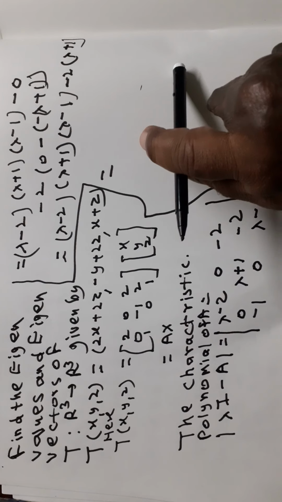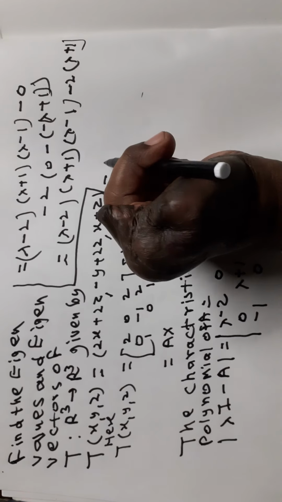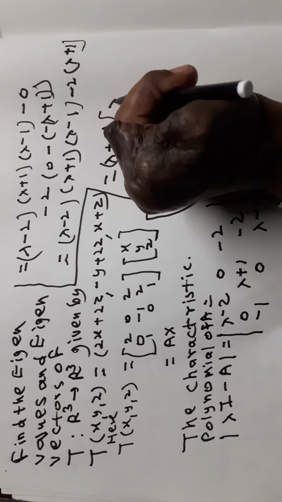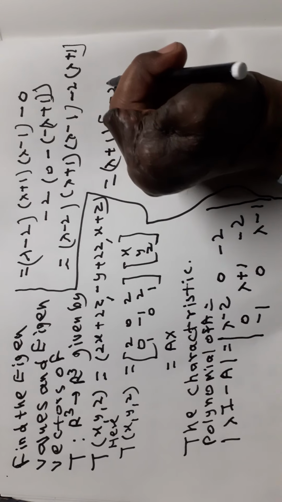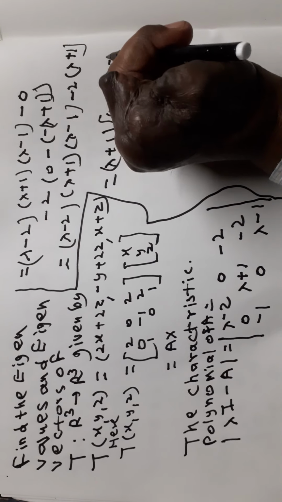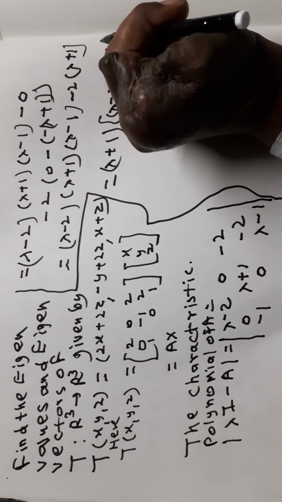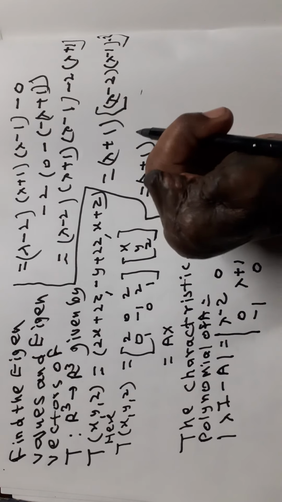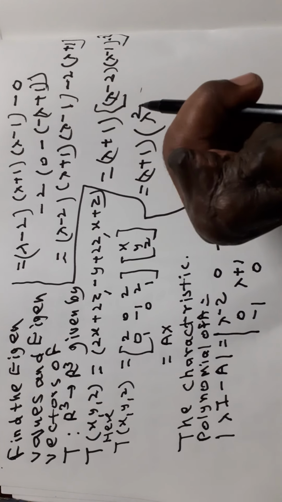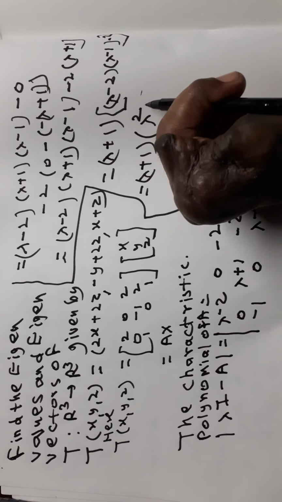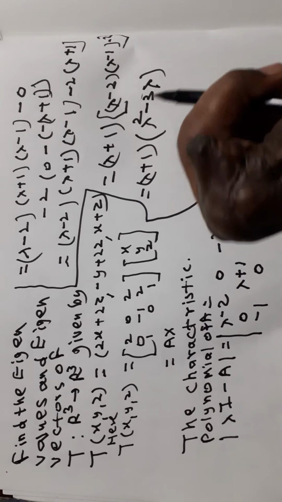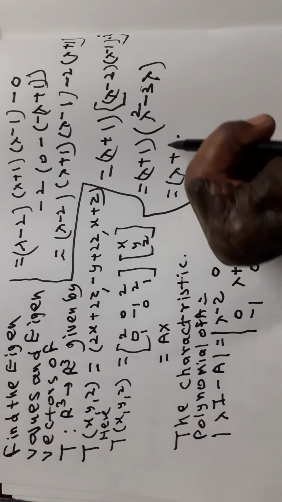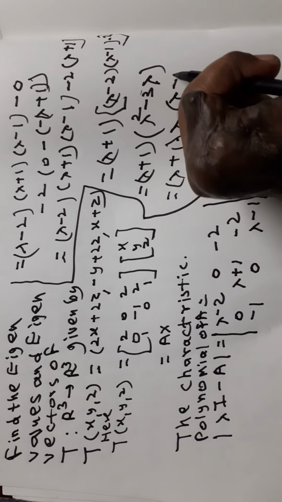Now consider lambda plus 1 as a common factor, which is equal to (lambda plus 1) into [(lambda minus 2)(lambda minus 1) minus 2], which is (lambda plus 1) into (lambda square minus 3 lambda), which is equal to (lambda plus 1) into lambda into (lambda minus 3).